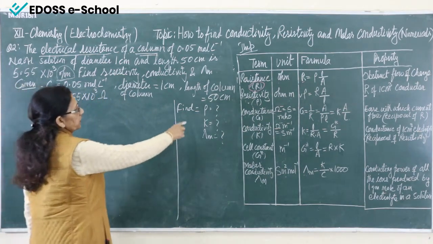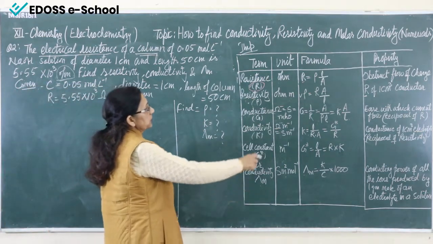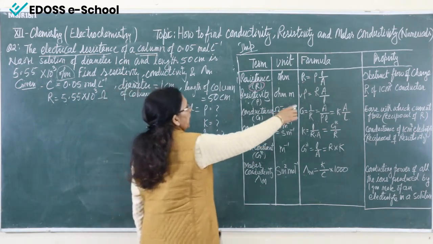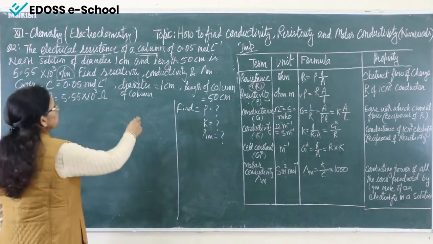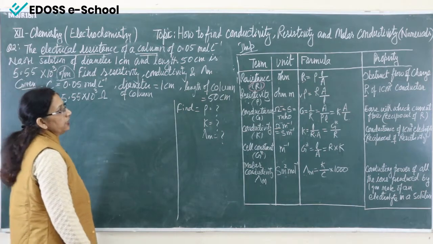Now see here, if we have to find rho, this is the formula for rho. Rho is equal to R into A upon L. Here area is not given but diameter is given to you. L we know.